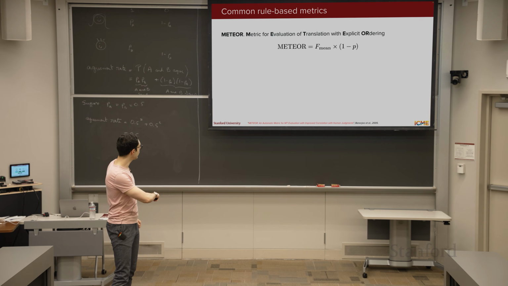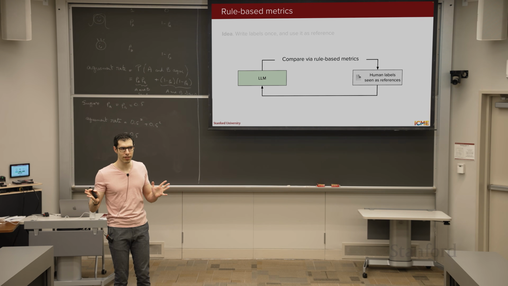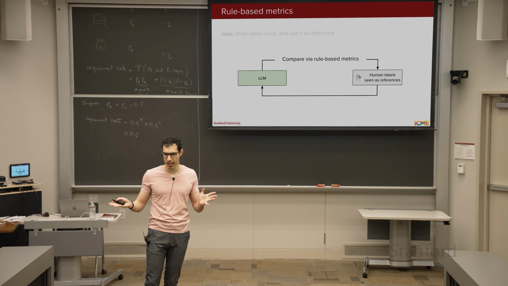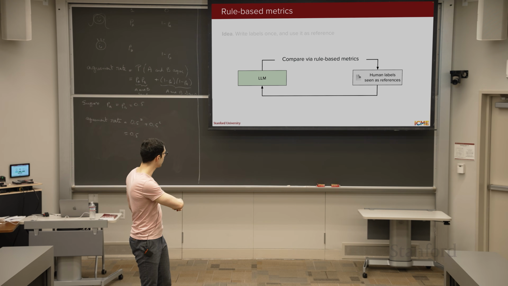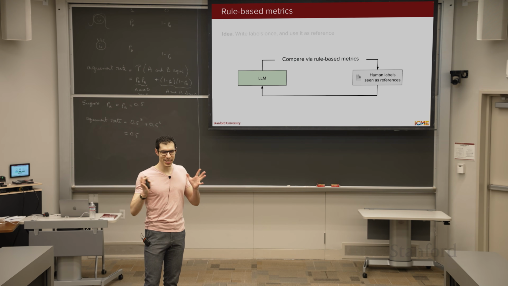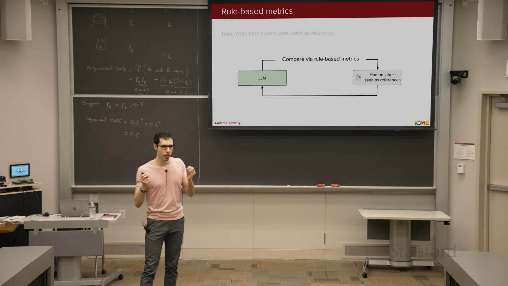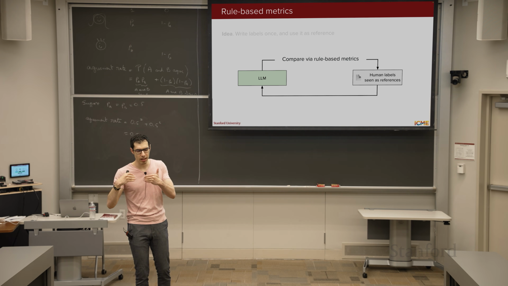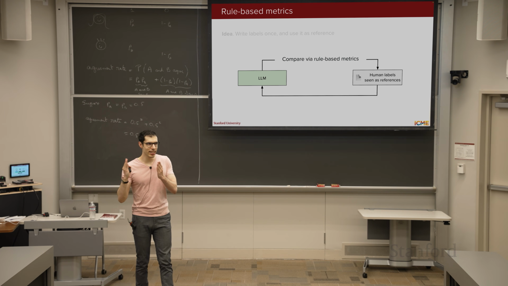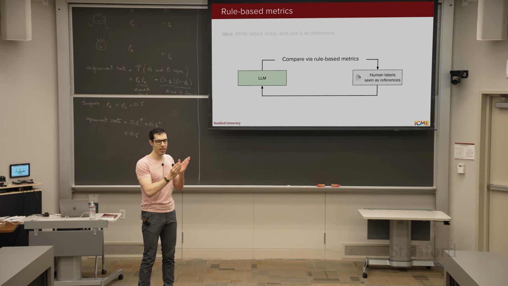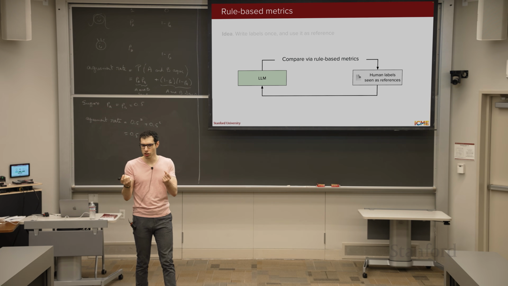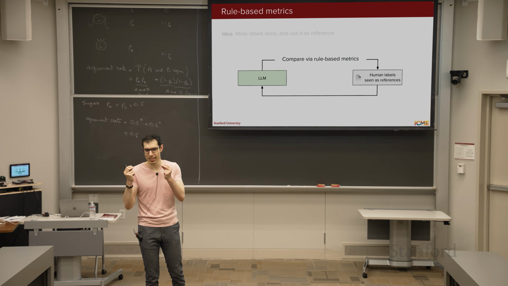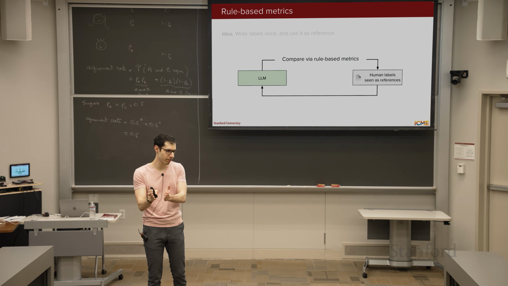And we will see a little bit what are the kinds of rule-based metrics that you will see out there. So ideally, these metrics should reflect the performance of the LLM output in an optimal way. And what I mean by an optimal way is to make it be a little bit flexible, given the fact that natural language is not always something that you can say in one given way.